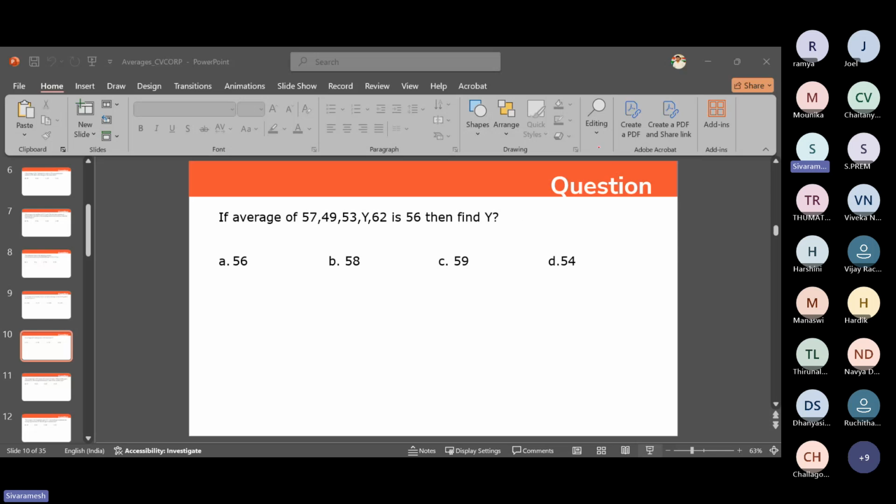Hope you can see the word excluded. Removing, sir. Yes, excluded means discarded or removed. When one employee is excluded, the average becomes 25. Find the age of the excluded one.